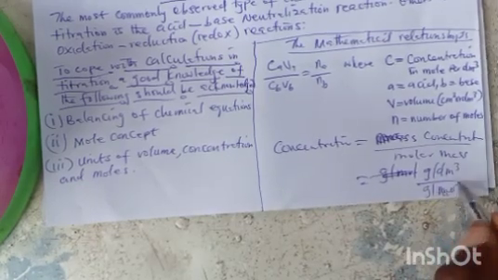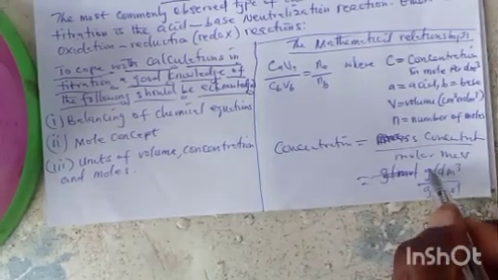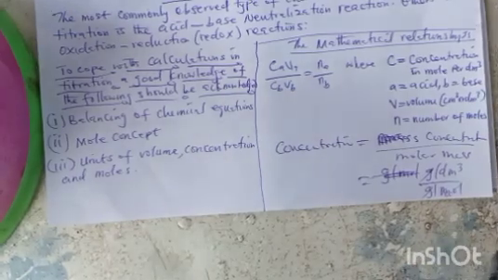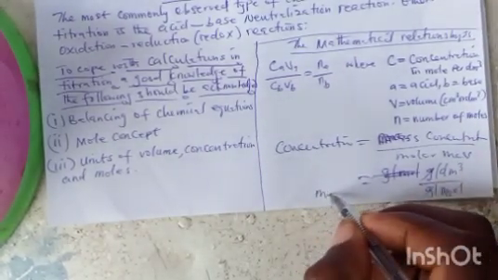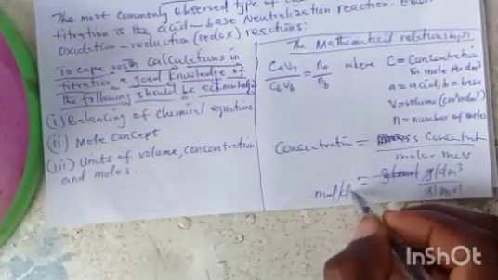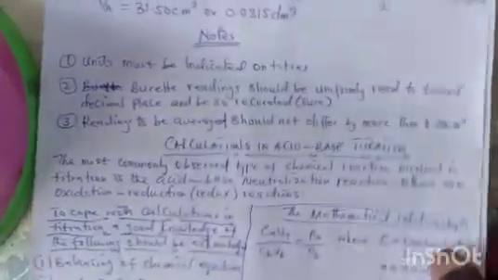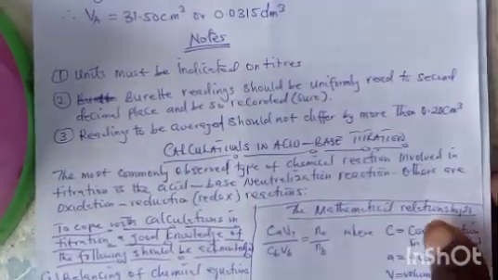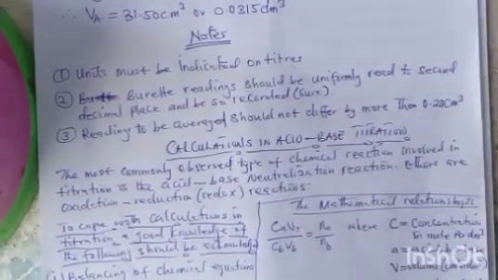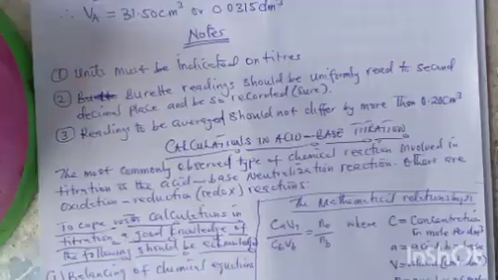So we cancel out the grams and observe that we are having mole per dm cube. That is how to check this. I will advise you to work on this little explanation on how to get the right values. Now let me explain.